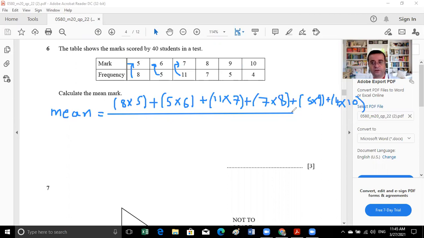The total frequency here? 40. Yes, very good. 40 over 40.